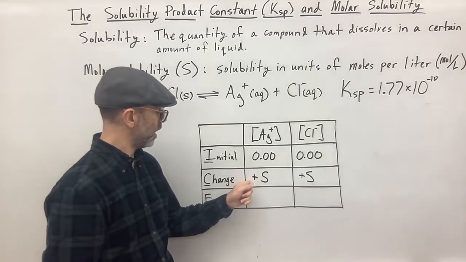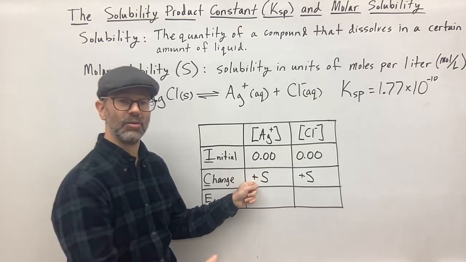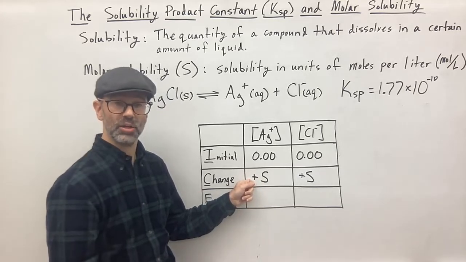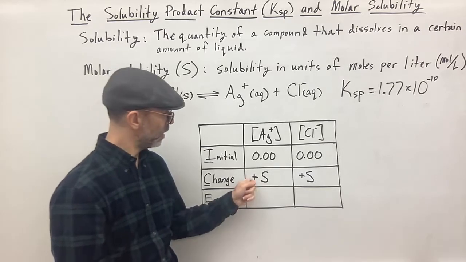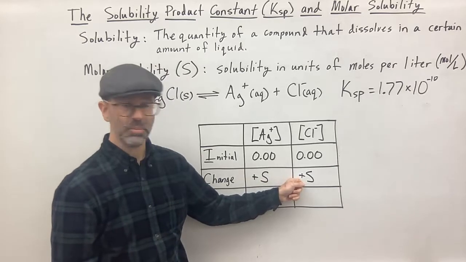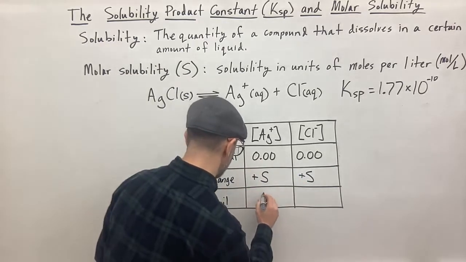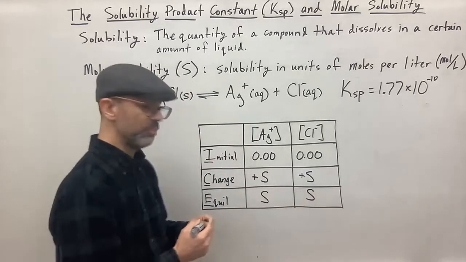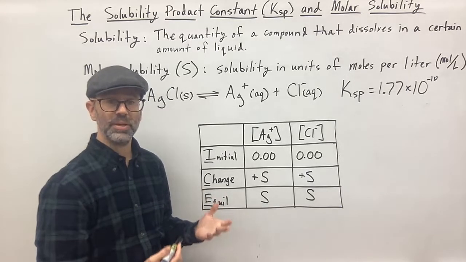Keeping in mind that here the change is the amount that's dissolved, which is the molar solubility, we could use S as our variable. So then when we add these together, of course, you get S here at equilibrium, and you get S here at equilibrium. And so now we can set this equal to our equilibrium expression.